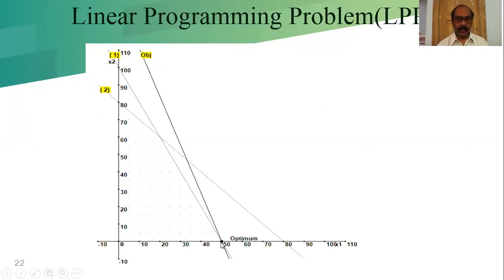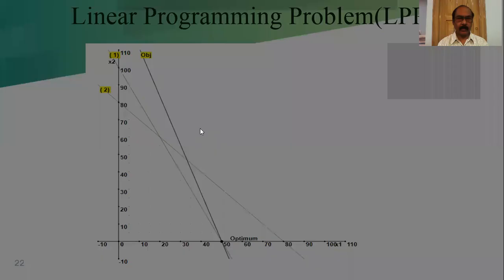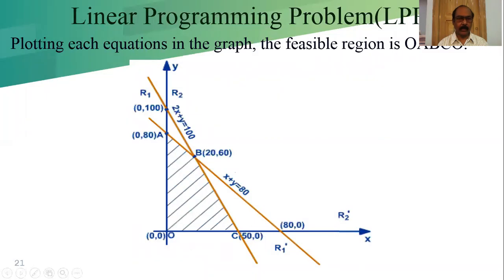So the solution is x equal to 50 and y equal to 0. The isoprofit line touches this point, so x is equal to 50 and y is equal to 0. That is the optimal solution.